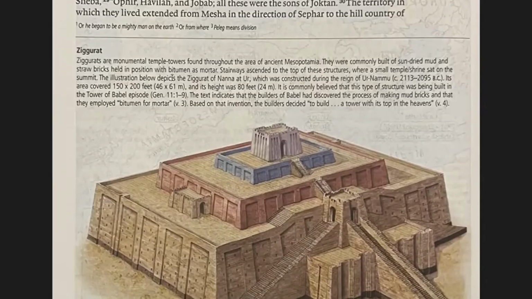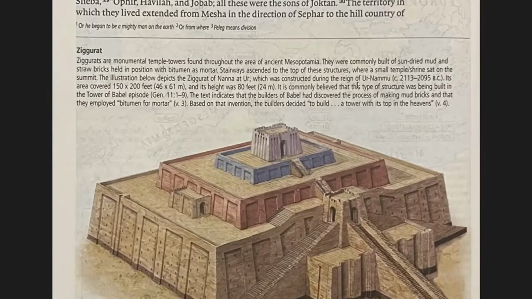The illustration below depicts the ziggurat of Nanna at Ur, which was constructed during the reign of Ur-Nammu, circa 2113 to 2095 BC. Its area covered 150 by 250 feet, and its height was 80 feet.